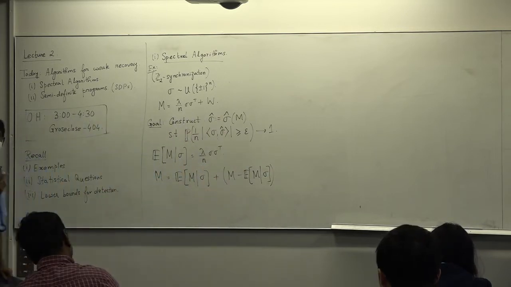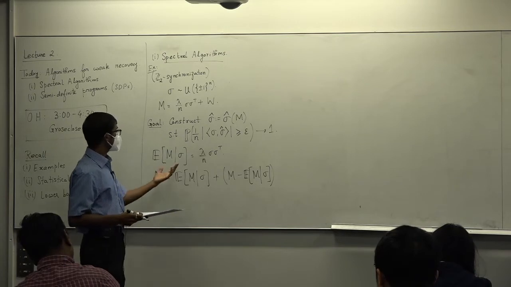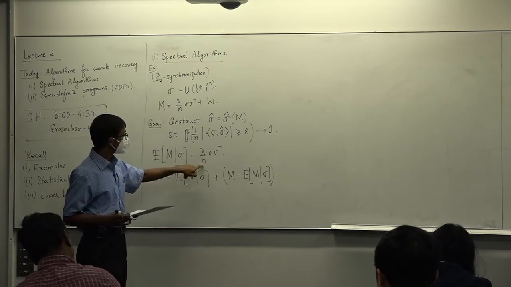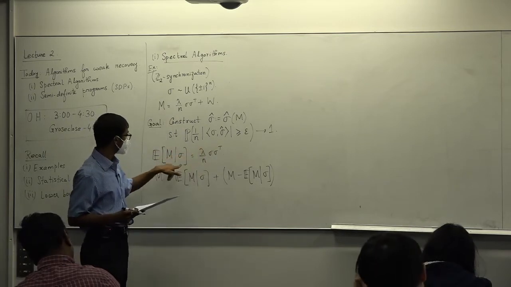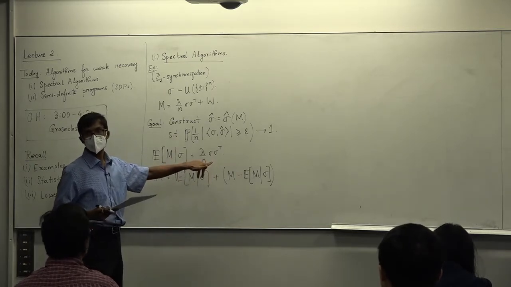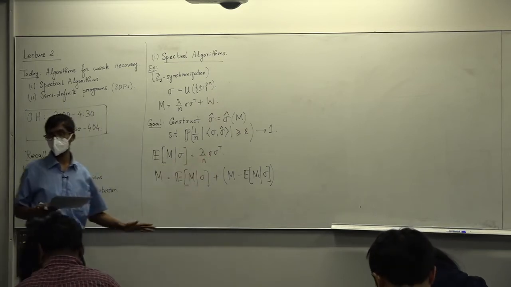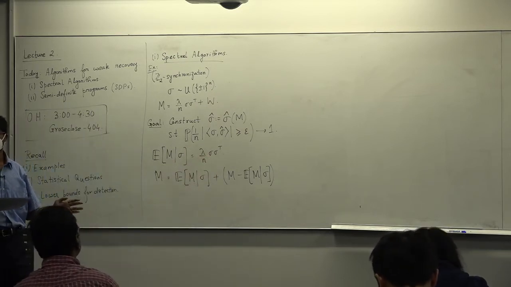And if someone only gave you this conditional expectation, this would be a rank 1 matrix. So if you did a spectral decomposition of this, you would immediately recover sigma.